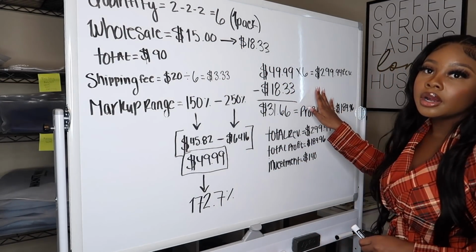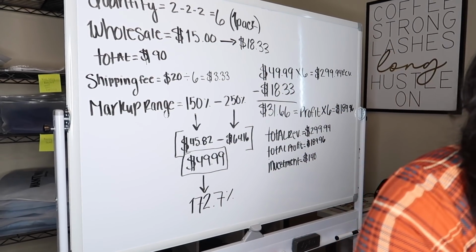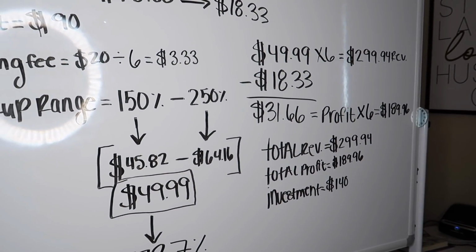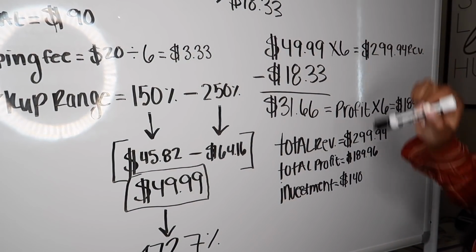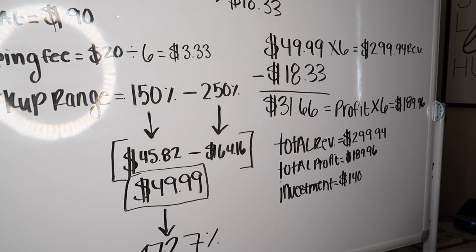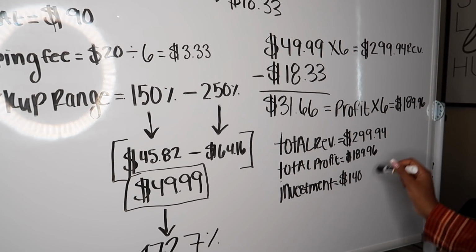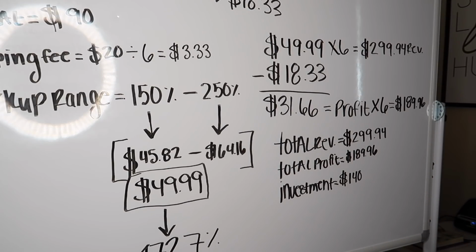So coming over here, let me move the camera so you guys can see. All right. So we know that we're selling the item for $49.99. We're going to times that by 6 in order for us to get our total revenue of $294.